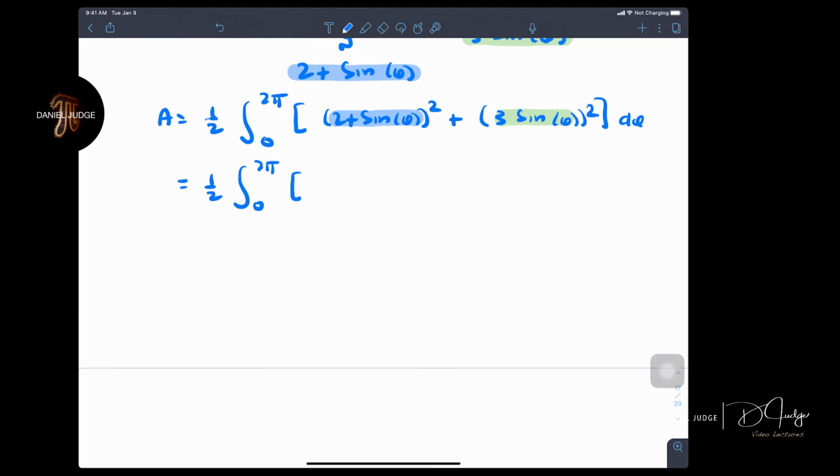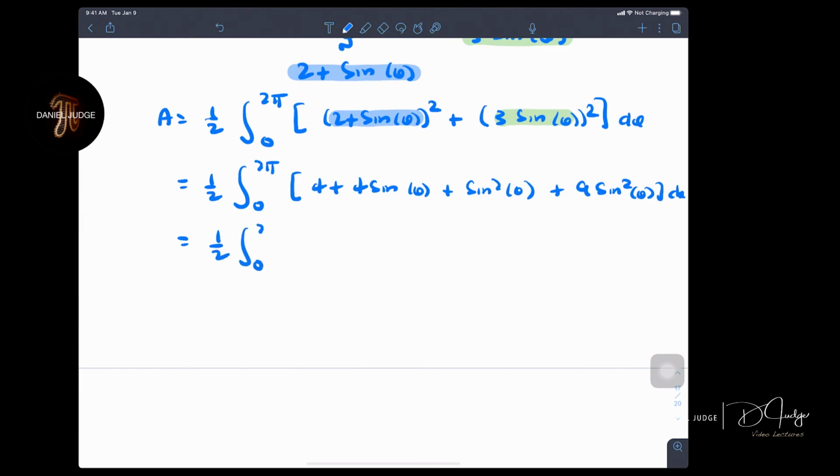Now, 2 plus sine theta squared is 4 plus 4 sine theta plus sine squared theta. That's just using FOIL for the blue curve, right? 2 plus sine theta. First term is 4, 4 sine theta, plus sine squared theta. And then minus 9 sine squared theta, d theta.